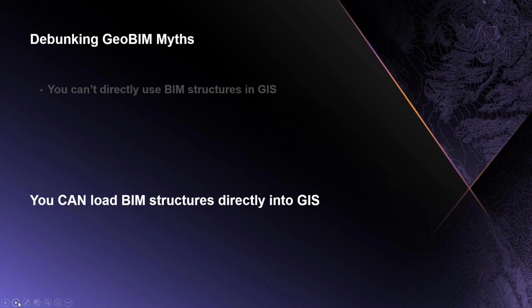So this is actually a part of the demo that I will be showcasing later on towards the end of our webinar. Aside from direct load, both companies, Esri and Autodesk, are also creating plugins for you to seamlessly integrate and make use of their respective native data formats into the other platforms as well.